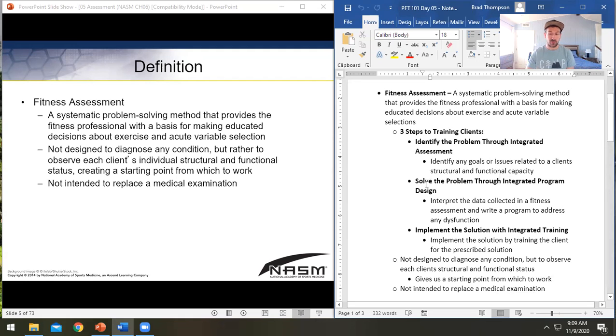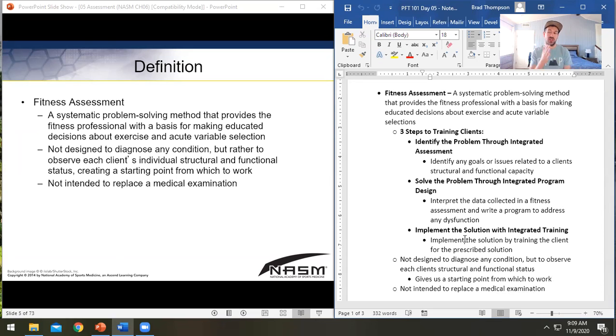Now, step 2 in problem solving is actually solving the problem through program design. This is the one that always confuses people, because these are the 3 steps to problem solving, and step 2 is solve the problem, which sounds weird. But solving the problem doesn't mean the problem's gone. If you think that solved means finished, we have to change your definition.